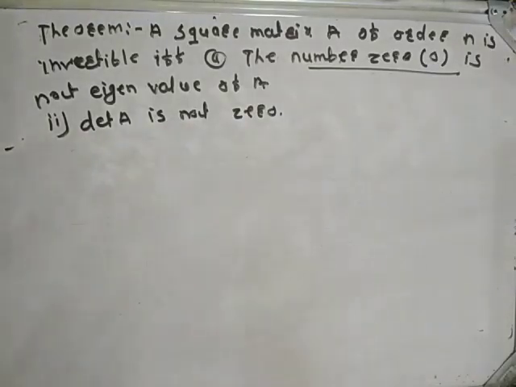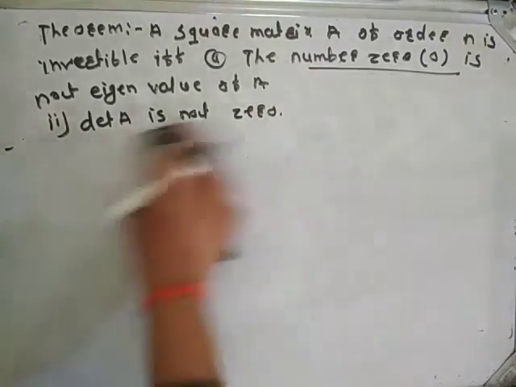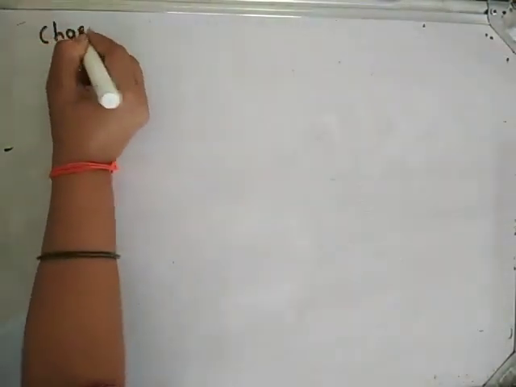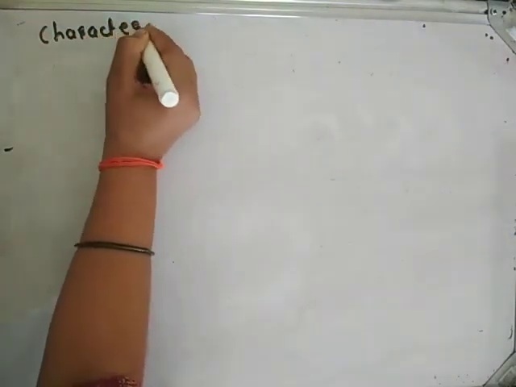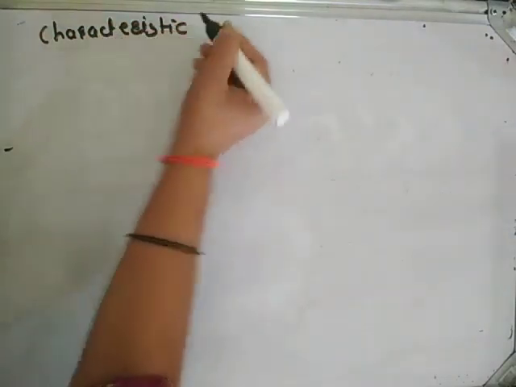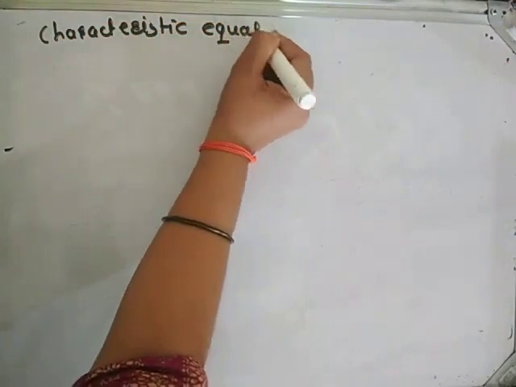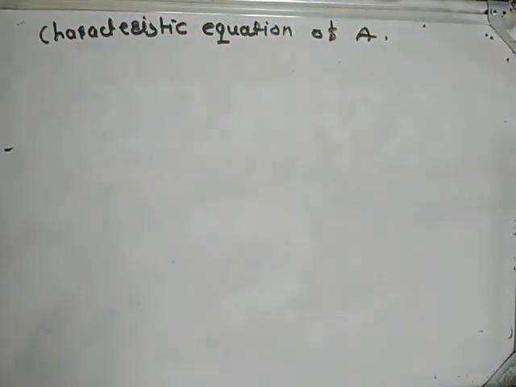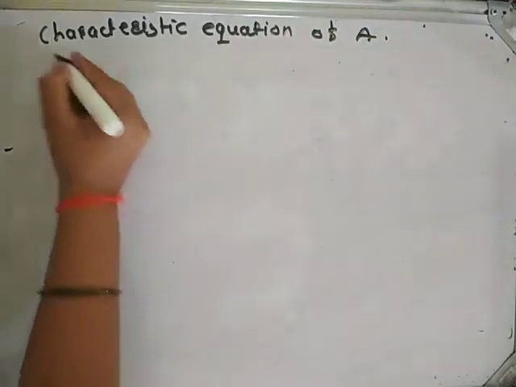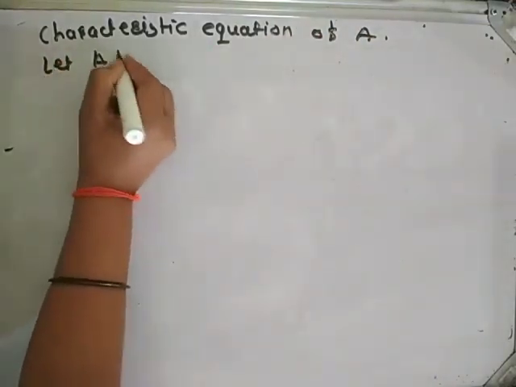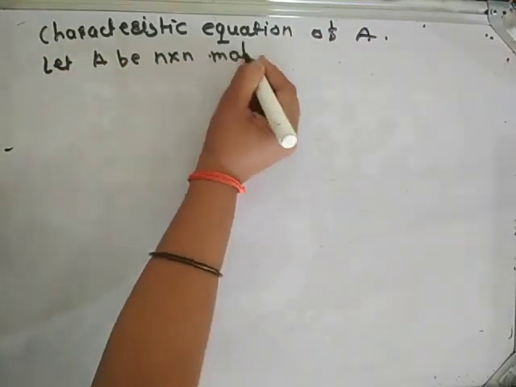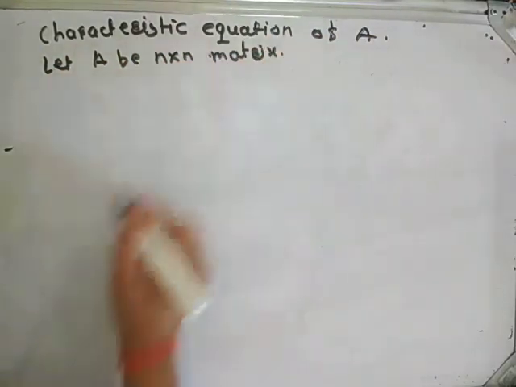Okay. Now we will see the definition of characteristic equation of A. Let A be n by n matrix.